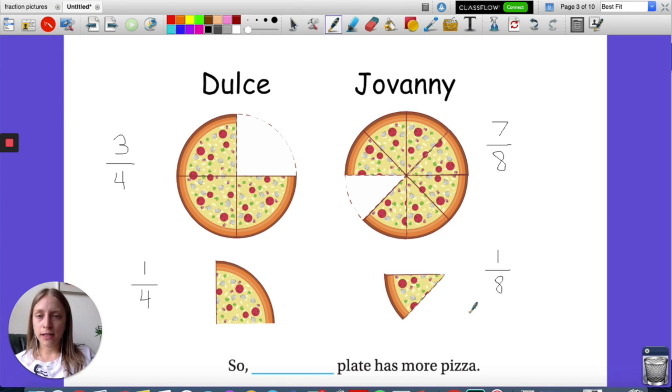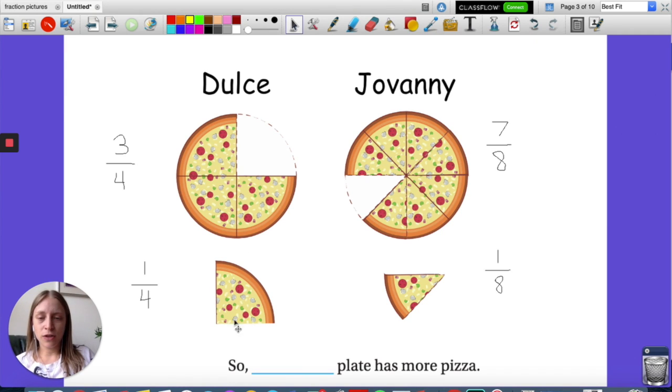Now I can look at this a couple different ways. The first thing I can do is look at the pizza remaining on the plate. I can see pretty clearly that Giovanni has more pizza left on his plate, and Dulce has less pizza left on her plate than Giovanni.